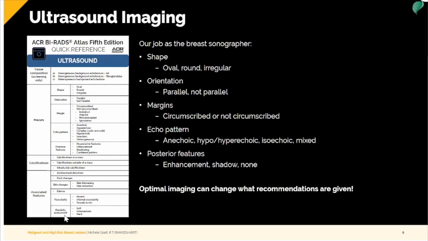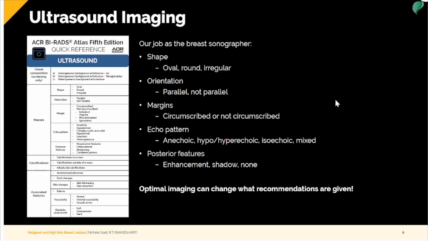When we do ultrasound, there's also a quick guide or a quick reference in the ACR BIRADS manual. So our job as the breast sonographer is to describe to the radiologist what we see. So we want to be looking for different things like we see over here. If it's a mass, we still also want to describe it with one of these different vocabulary words or even more descriptive words here.